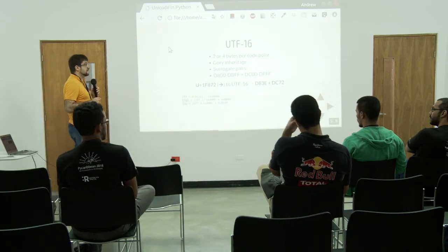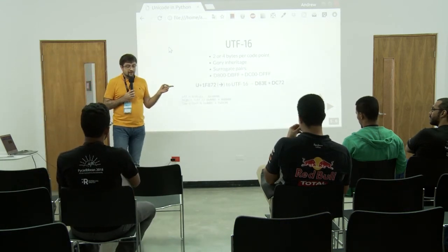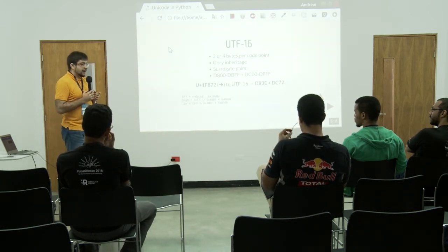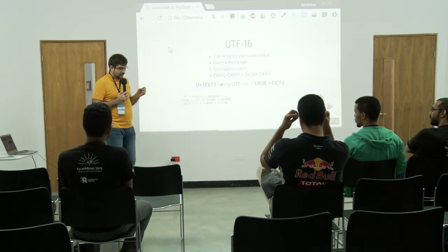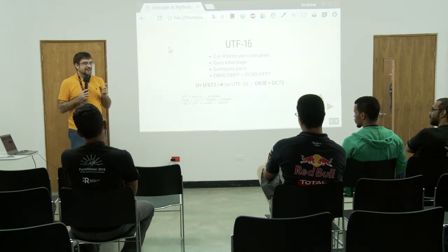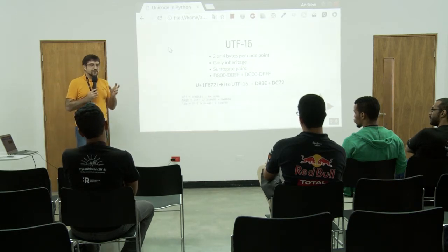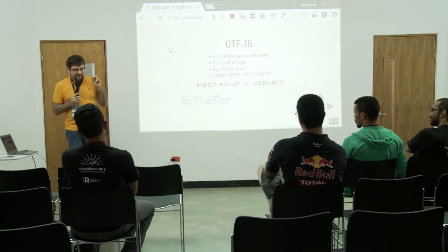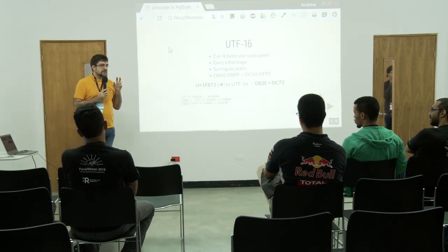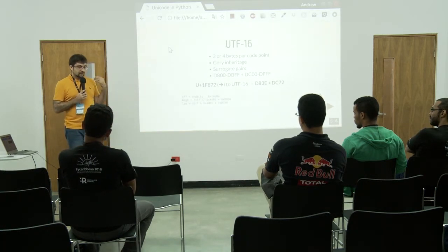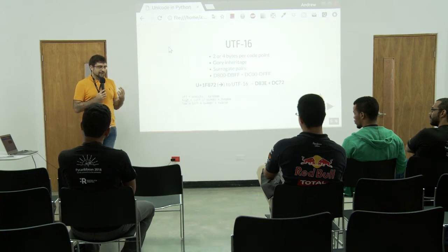But UTF-16 also exists. Why does it exist? For historical reasons, mostly. At very early ages, when people figured out that 1 byte is not enough, they said 2 bytes may be good enough for everything. And with this assumption, Java strings were built, Windows internal strings were built, and this assumption obviously is wrong.